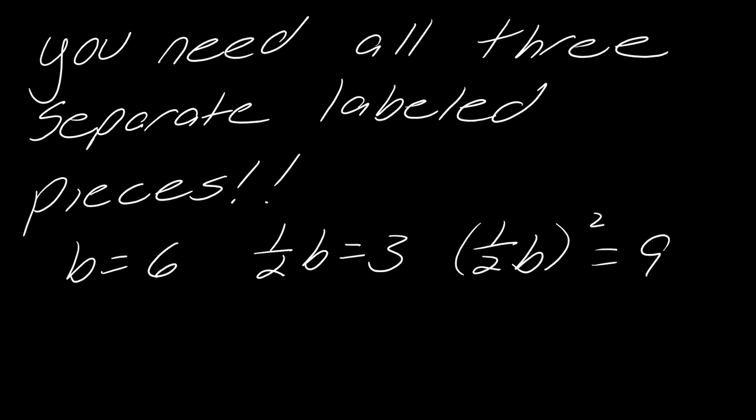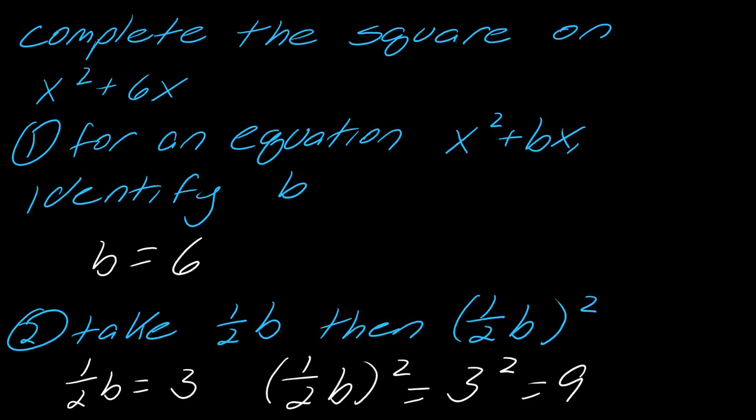You need all three separate labeled pieces, okay? I want you to write out b, half b, and half b squared. These are three pieces that you are going to want to consistently have, and you are going to see why later on. But let's just go ahead and establish good habits right away and understand we need all three of these pieces, okay?